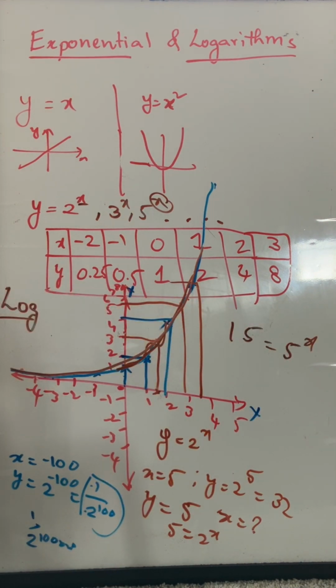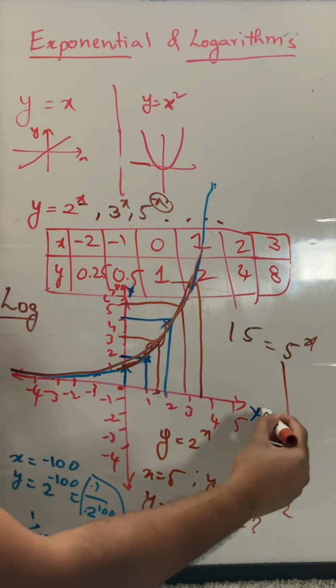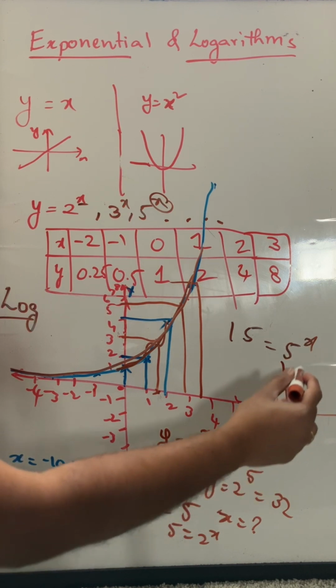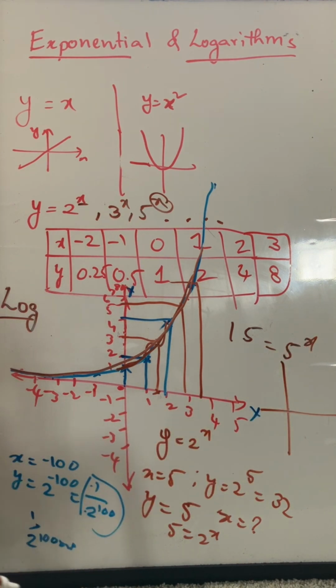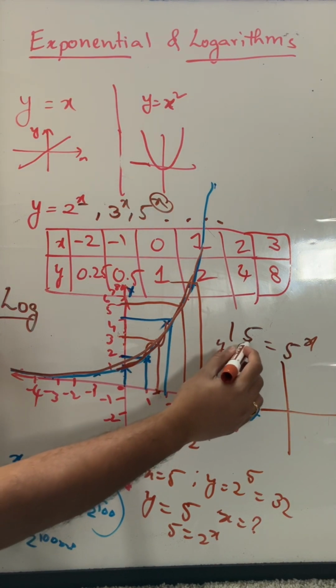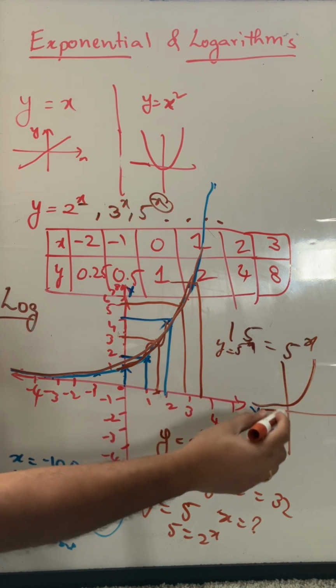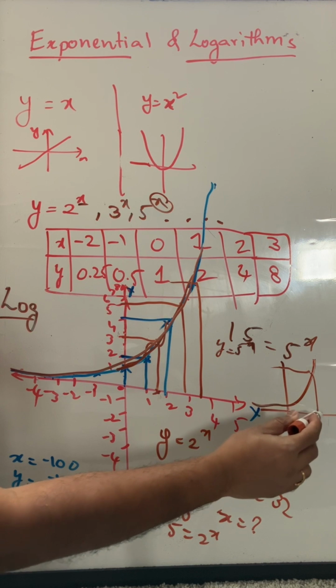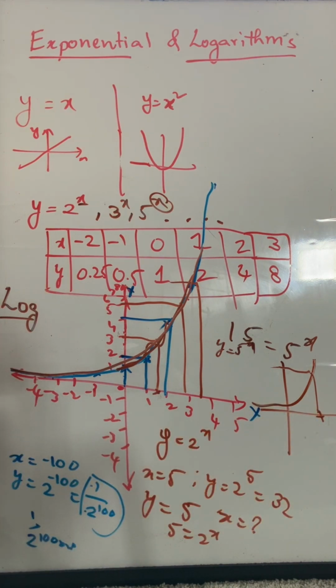So you have to think of this as y equals 5 power x and plot a graph. It will look similar to this. And when y is 15, you take the x value. This is the value of x. That's how you determine the value of x. So our scientists introduced log. I will explain it shortly.